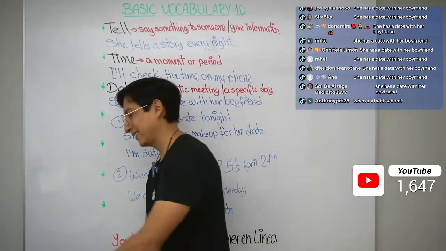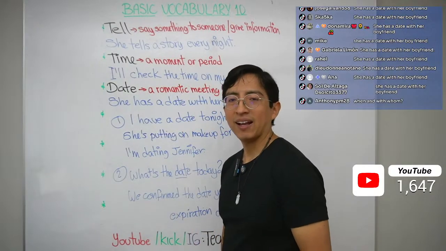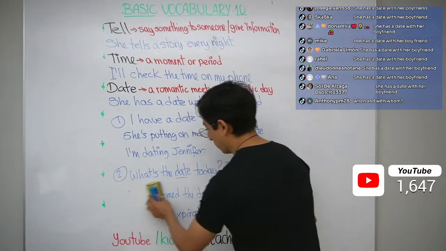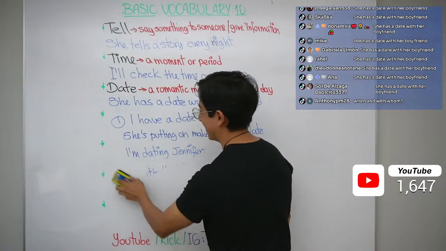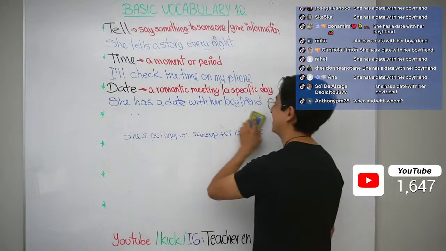Very good, guys. Let's continue now with the next part. When and with who? Who is the lucky guy? Where and when? Okay, that's very toxic, eh? That's very toxic.